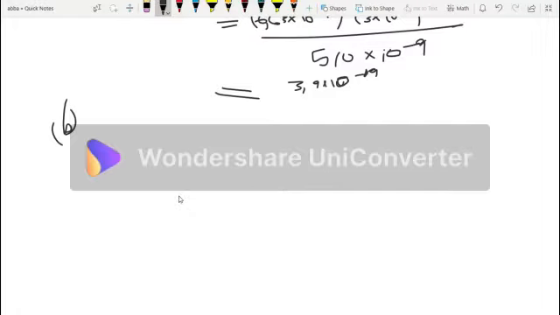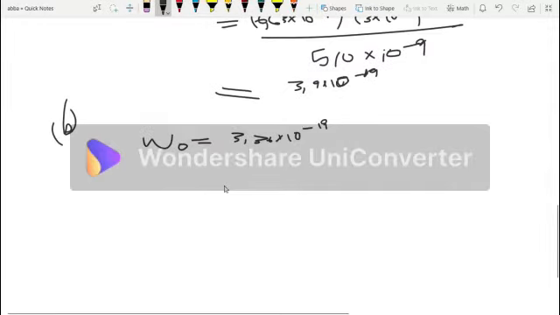According to the table, the work function of the closest material is 3.36 times 10 to the negative 19.